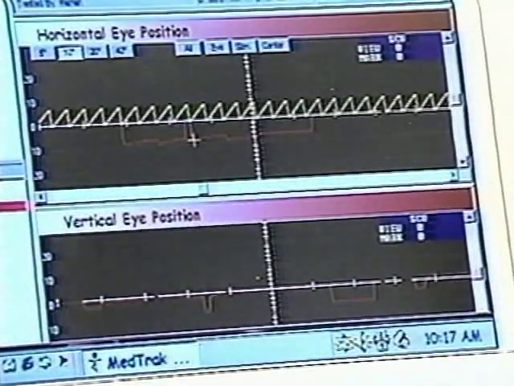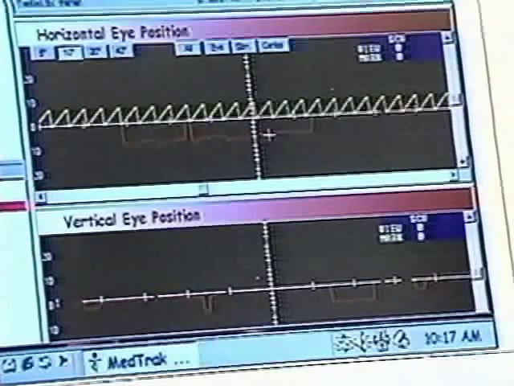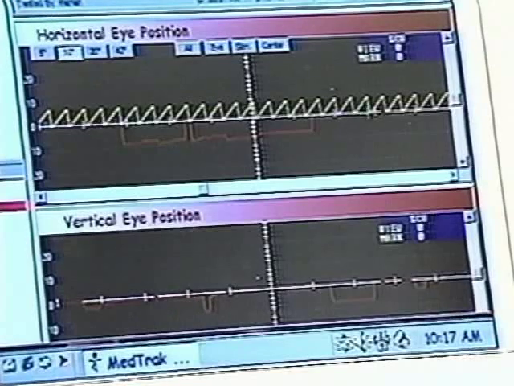In this particular case, the patient is unable to perform the optokinetic testing as demonstrated by the lack of discernible nystagmus patterns. And in this particular case, there is significant abnormality as the patient over a period of time cannot perform the optokinetic testing.